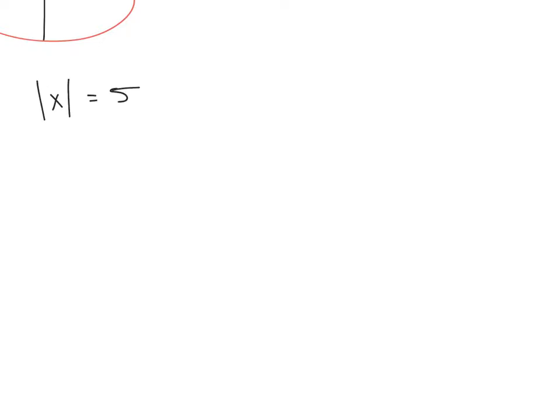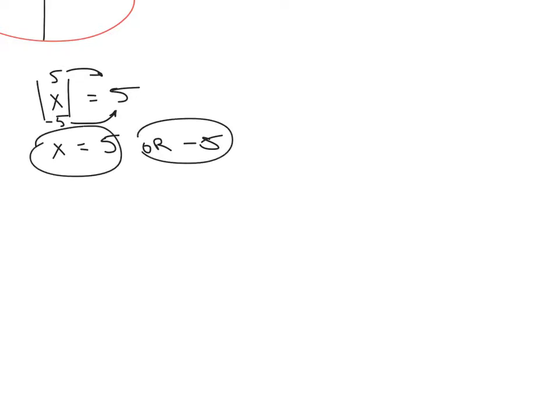We know that x has to equal 5 or -5, because if it's 5, it's going to be 5. If it's -5, the absolute value, the distance from 0, even though it's -5, is going to be 5. So actually, what we have are two different options for an answer. Now, when we do the equations, we're going to end up with the same thing.